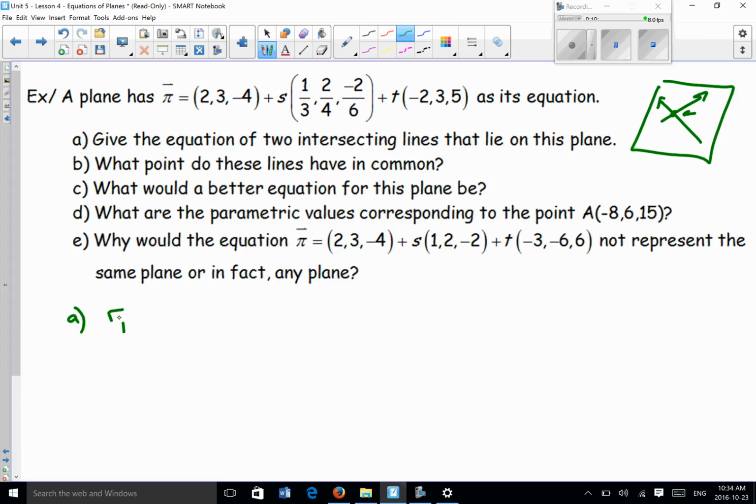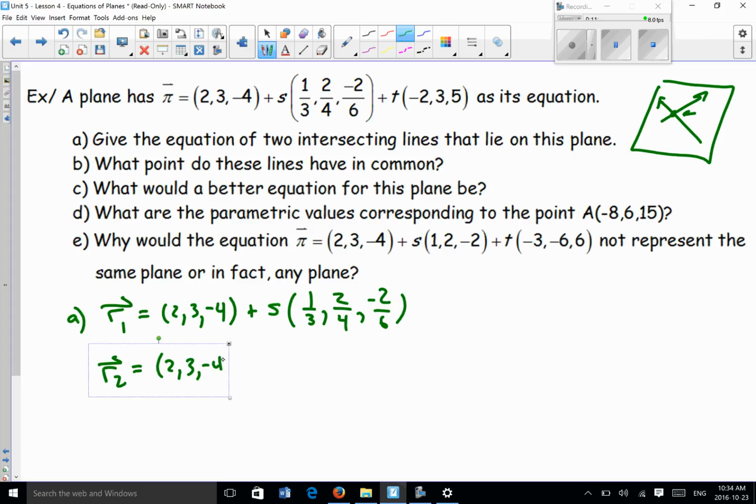I can say line number 1 goes through the point 2, 3, negative 4, and it has a direction called S, 1/3, 2/4, negative 2, 6. Line number 2 also goes through 2, 3, negative 4, but its direction has to be the other part.